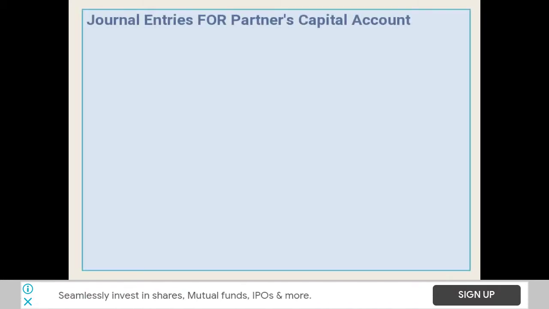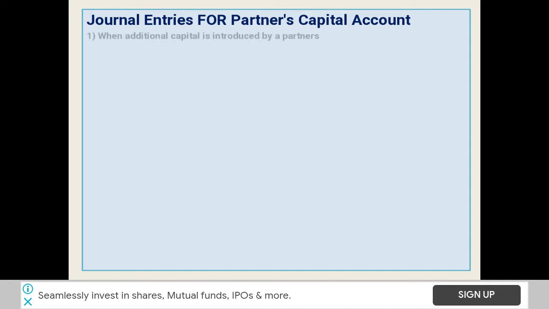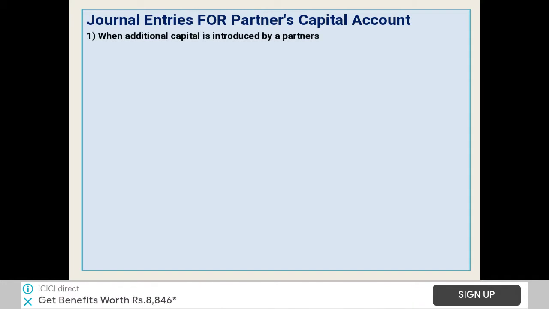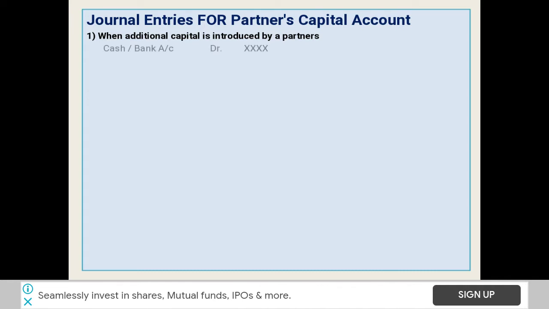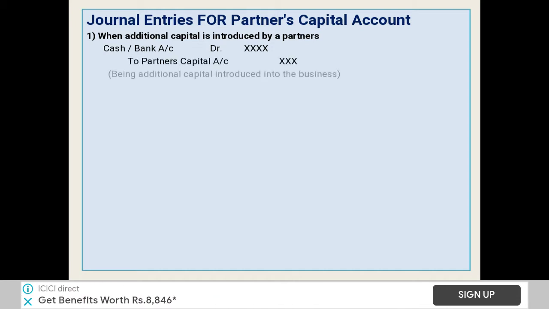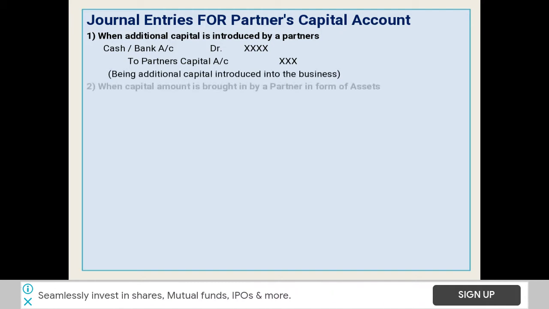Next, what are the journal entries? When additional capital is introduced by a partner, cash account or bank account debit to partner's capital account, being additional capital introduced into the business.